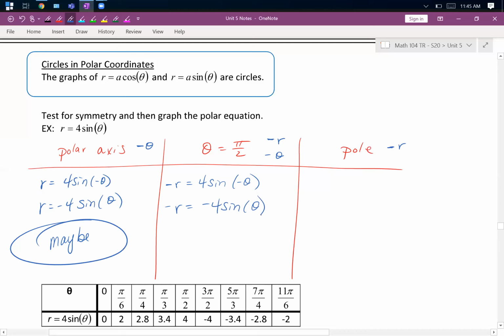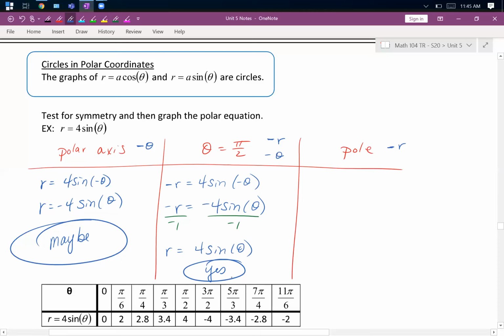It's not, but what could we do? Divide by -1. You got it. Same trick that we did in algebra. And divide both sides by -1. We're going to get r equals 4 sine of theta, which is our original. So this is a for sure yes. Symmetry with respect to the line theta equals pi over 2.